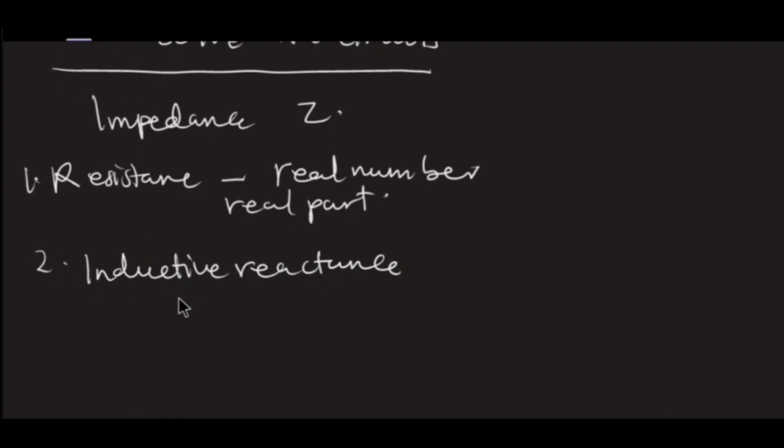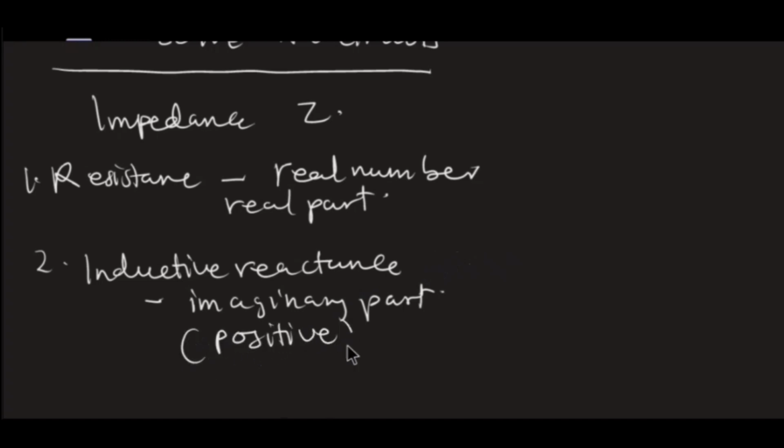The inductive reactance will take the imaginary part, but it will be positive. So we use positive to represent the inductive reactance when we are representing AC circuits with what? Complex numbers.